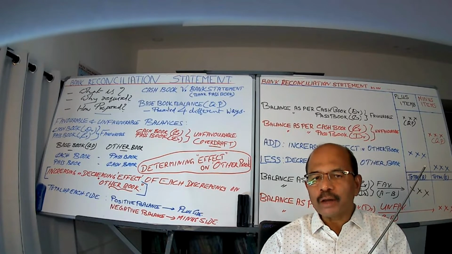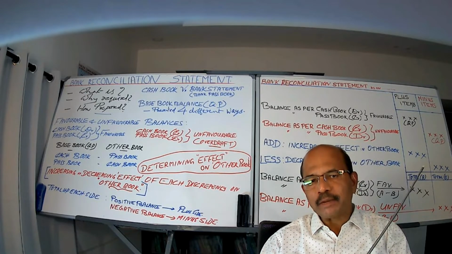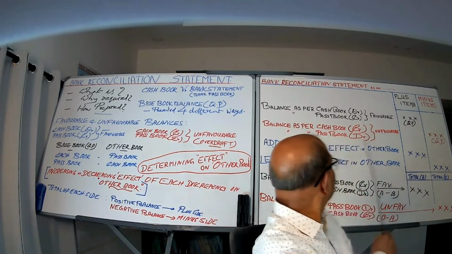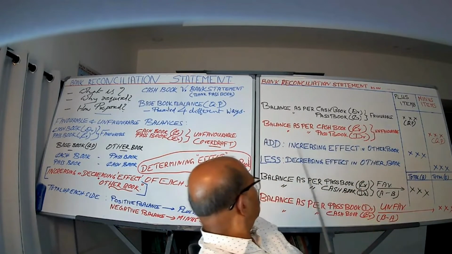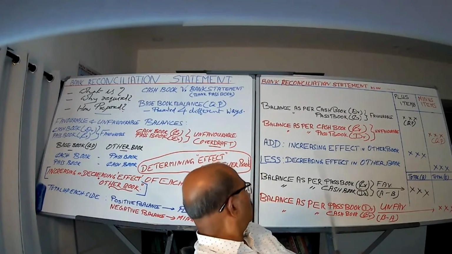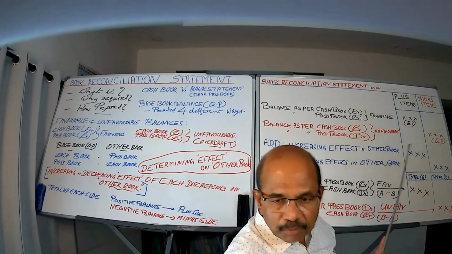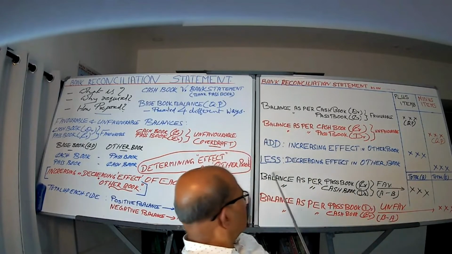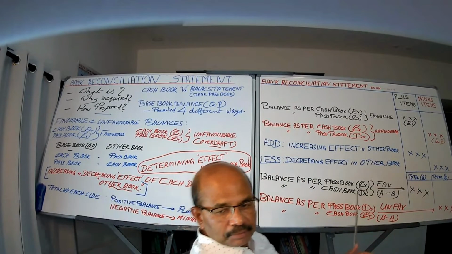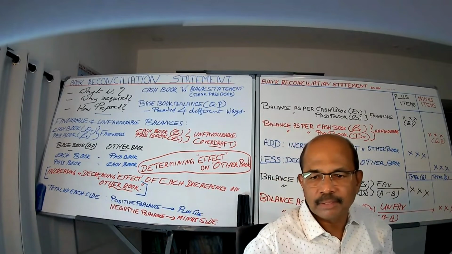If it has gone up, show the amount as an increasing effect in the other book, add it. If it has come down, it means a decreasing effect in the other book, so subtract it. Okay, like that.